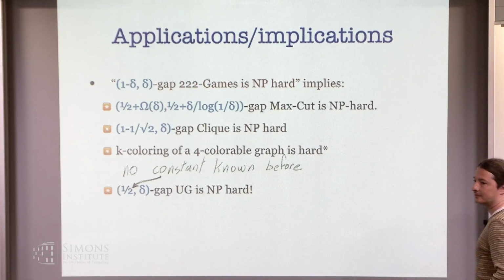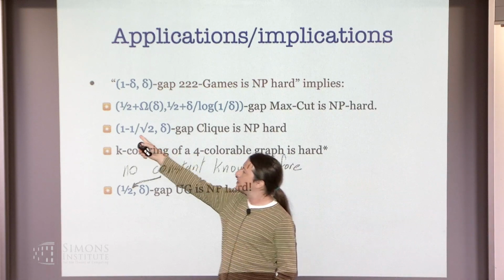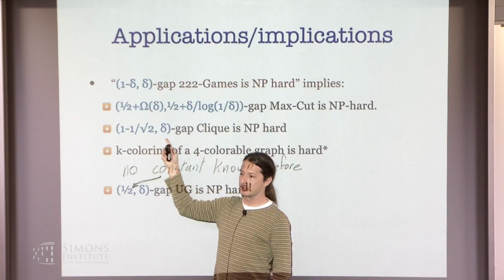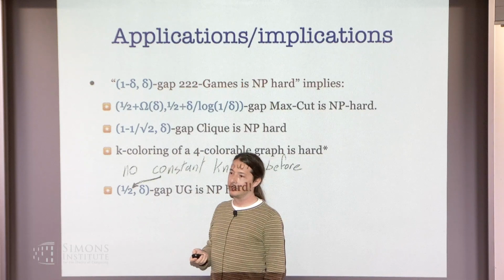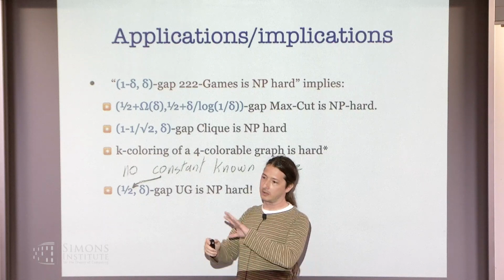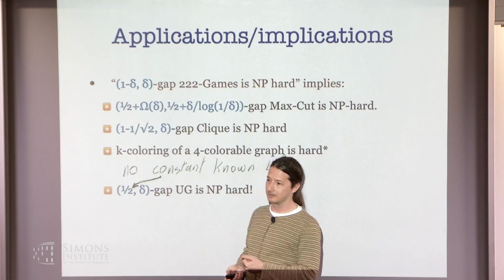And what was the previous thing for gap clique that was known? Yeah, so that's some constant versus delta, and the optimal is 1/2 versus delta. The theoretical optimal. So theoretically, even if you're staring at a graph where half of it is a clique, you cannot even find delta clique.